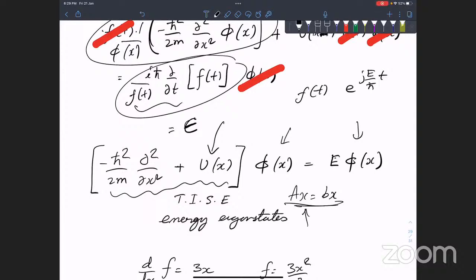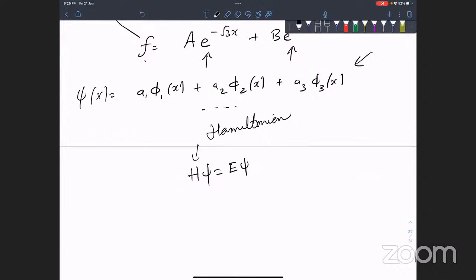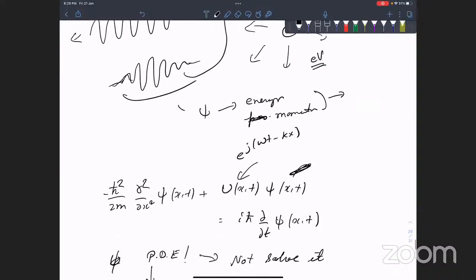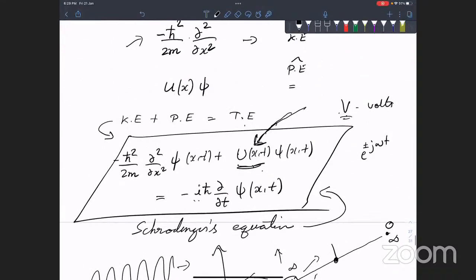So Schrodinger's equation in operator notation is a statement that H psi is equal to E psi. Hamiltonian operator of psi is equal to energy operator of psi. Right? So it's just a more abstract way of looking at it. You'll see all these things mentioned in quantum mechanics textbooks.